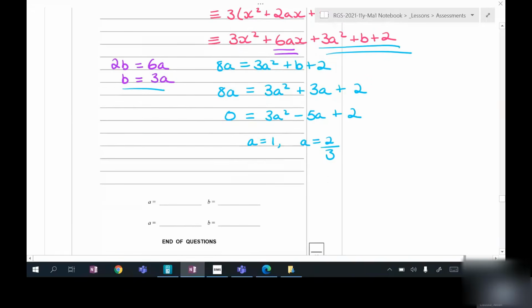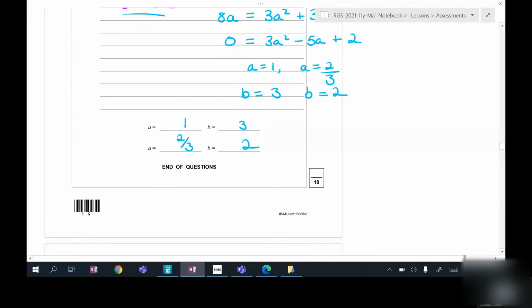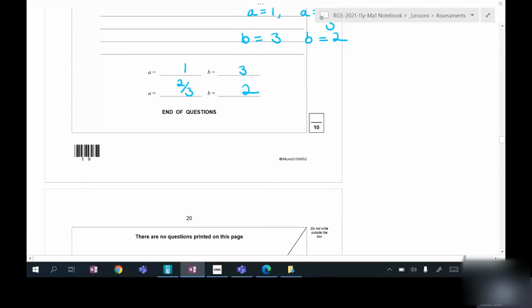Then we've got two values of b as well. b was 3 lots of a, so b is 3 and b is 2. And that is the end of the paper 2.